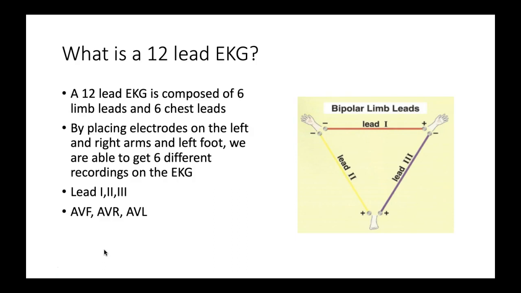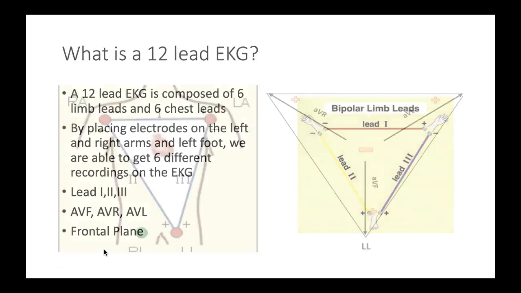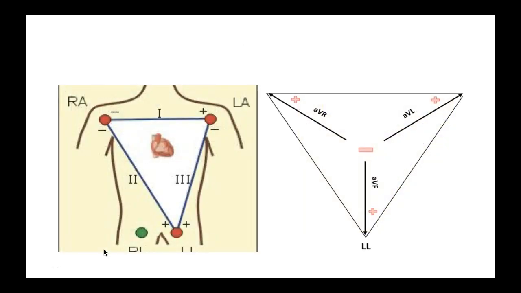We also, from these leads, can get what we call augmented limb leads. This is AVF, AVR, and AVL. And these leads are looking at the frontal plane. So the augmented leads use the same electrodes as the limb leads, lead 1, 2, and 3.